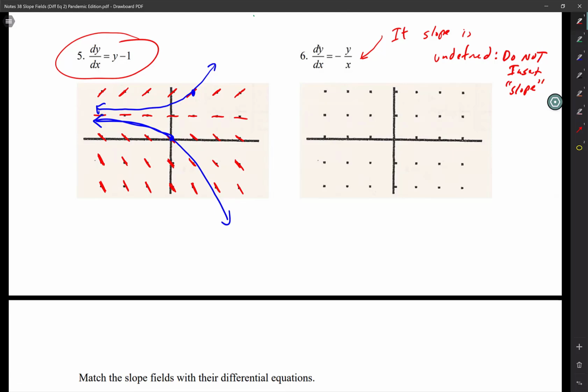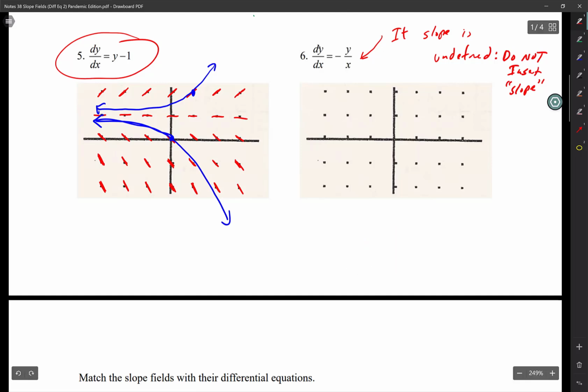Sometimes we have curves that do have tangent lines that are undefined, like a circle. If you have a circle, you have tangent lines undefined here and here, and you can draw slope fields for that.